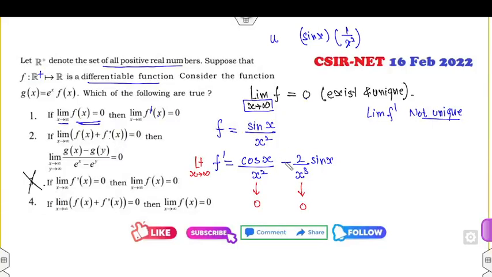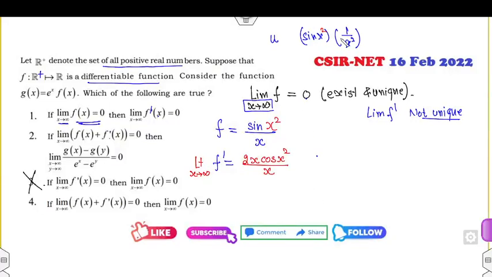But just think about that, this is x cube. If I consider instead of the x, if I simply take x and x square, if I replace them by x and x square, then the derivative is 2x cos x square.